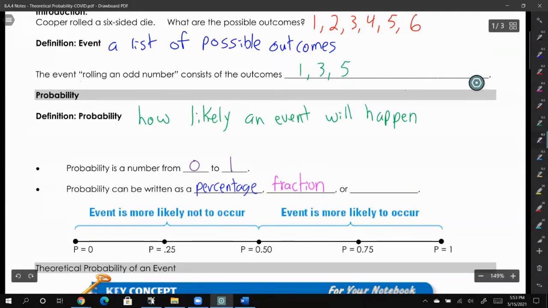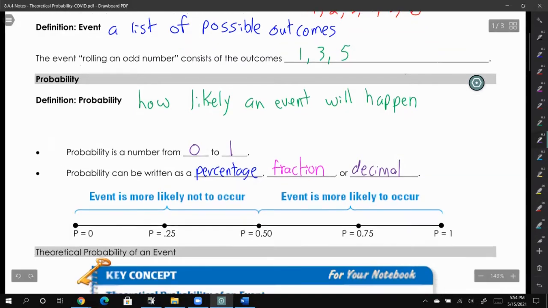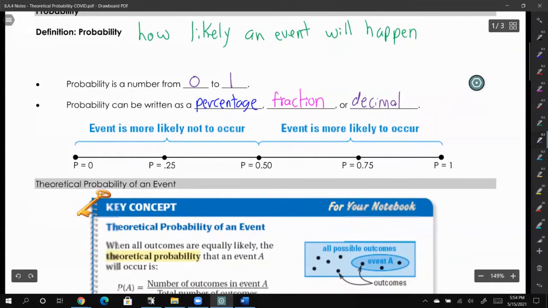And then the least likely one that we use is a decimal. We tend not to think about probabilities in decimals because it just isn't used in real life often. But as you can see from the chart down here, it's in a decimal: 0, 0.25, 0.5, 0.75 to 1. That's where your probability is.